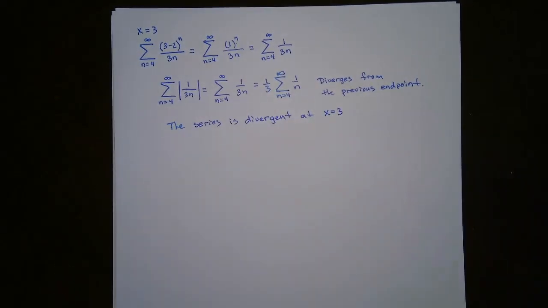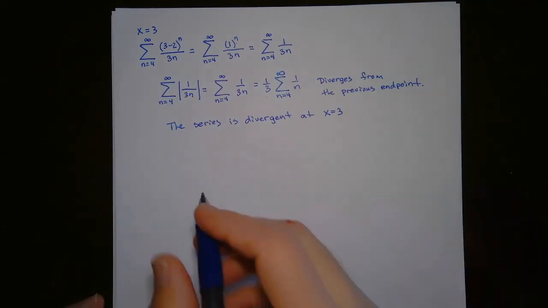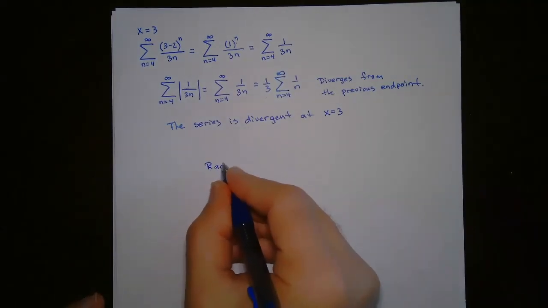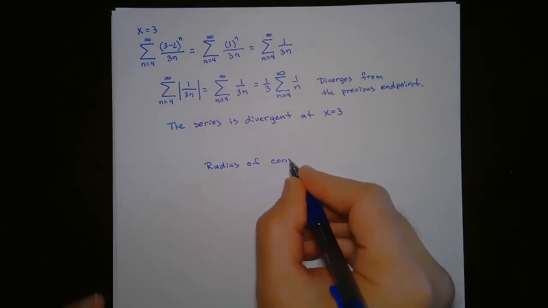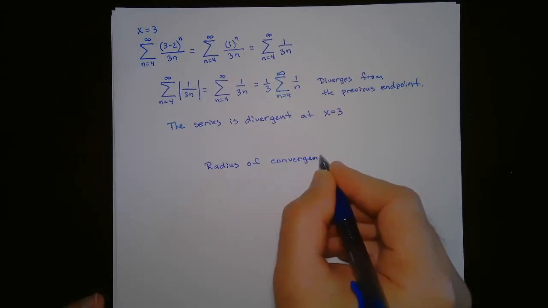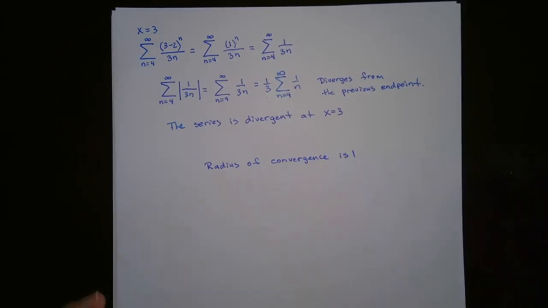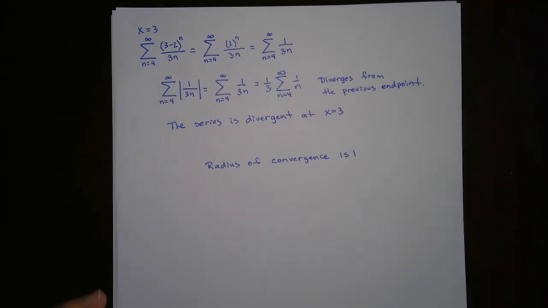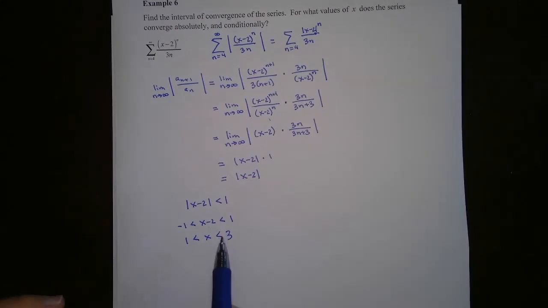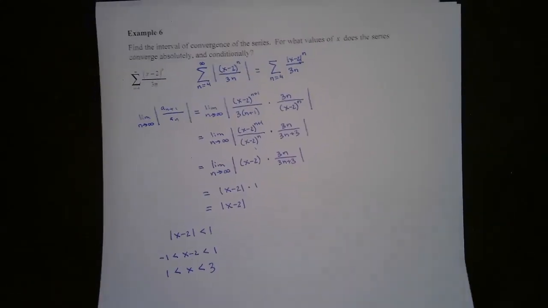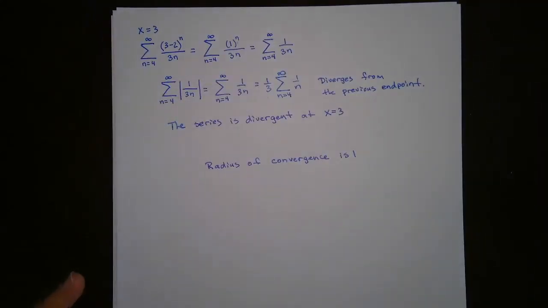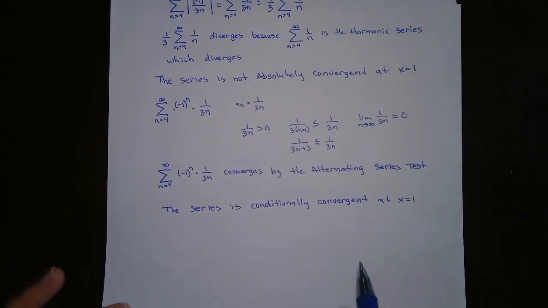Okay, so back to the information that we had, right? Our radius of convergence was 1, and that is from the ratio test. From the endpoint at x equals 1, we established that it was conditionally convergent.